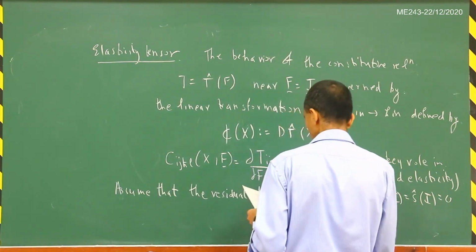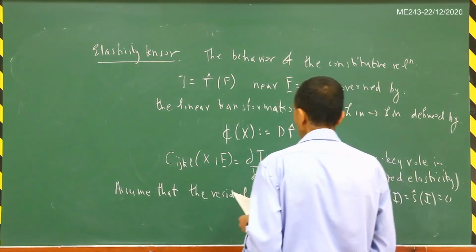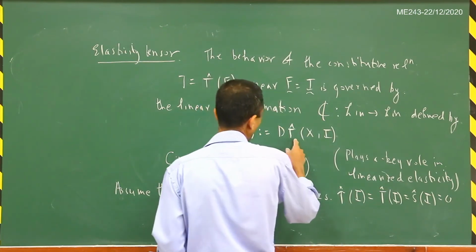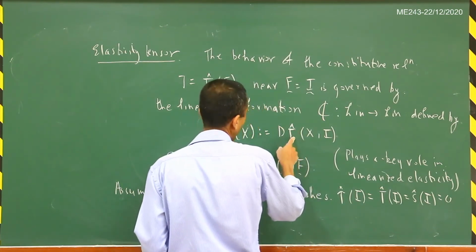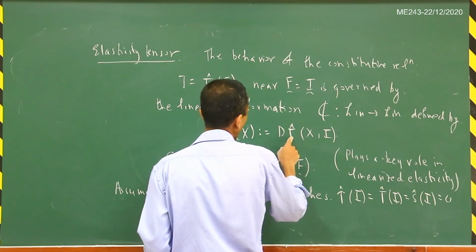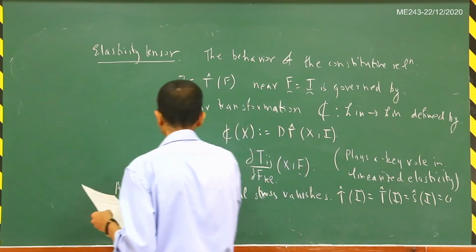Okay, so the first result that we will show is that it is also the derivative of the second Piola-Kirchhoff stress, and it's also the derivative of the Cauchy stress evaluated at I. So let us look at that first.